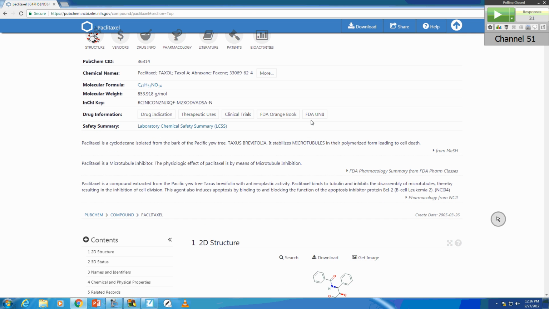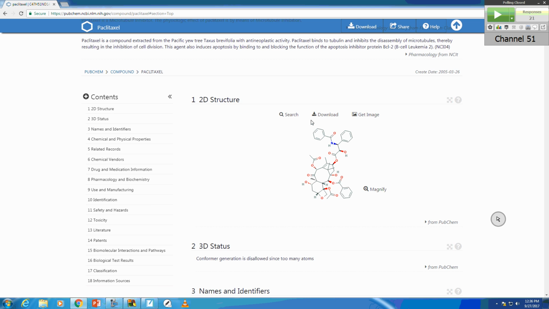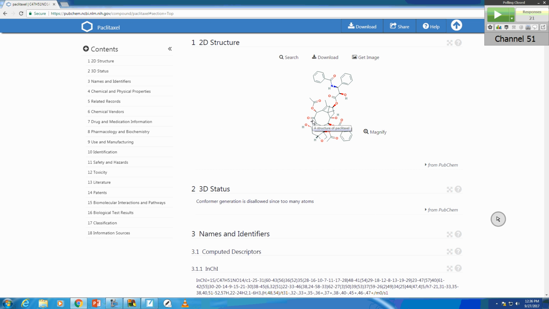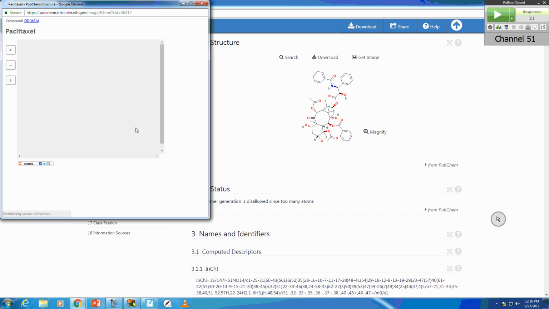Its chemical name that's sold on the market is Taxol. And here is its structure. Magnify that up. It's a complex compound that is found in nature.